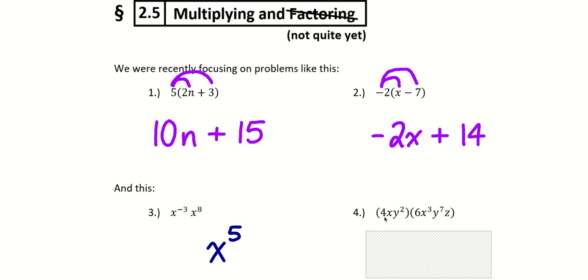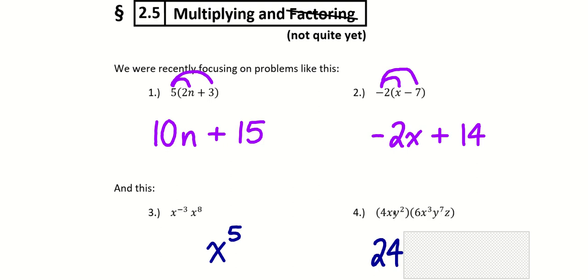And then the 4 and the 6, well, those are just regular numbers that you've been multiplying together since like 2nd grade. Really all of this is just being multiplied, even though we're grouping this monomial separate from this monomial.